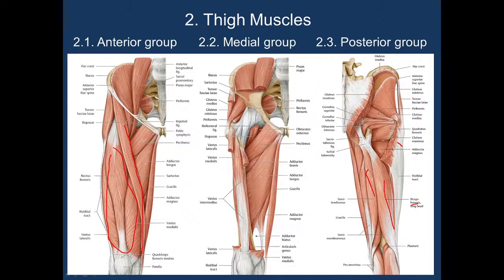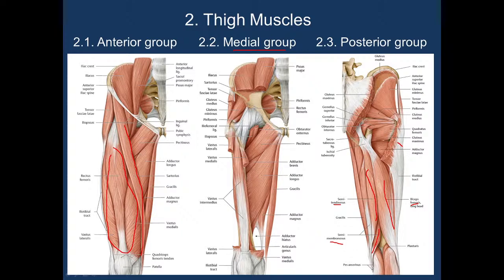Then you see semitendinosus muscle, and under the previous muscle we could find semimembranosus. Semitendinosus and semimembranosus are the two muscles located medially on the posterior surface of the thigh. Next, medial group.